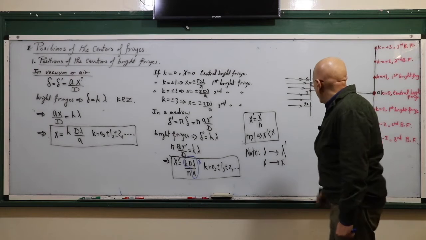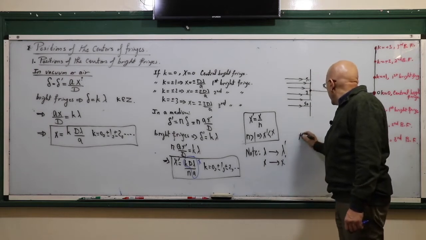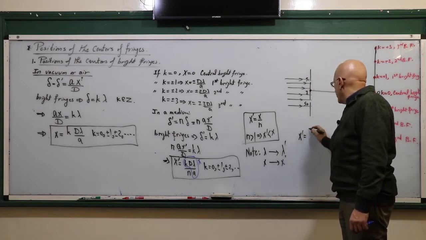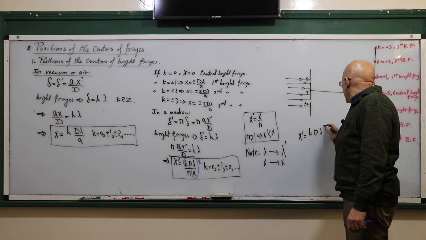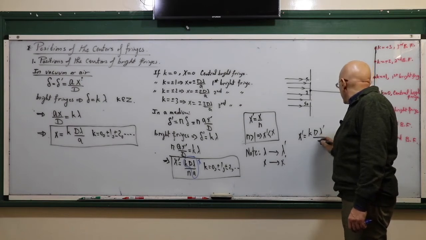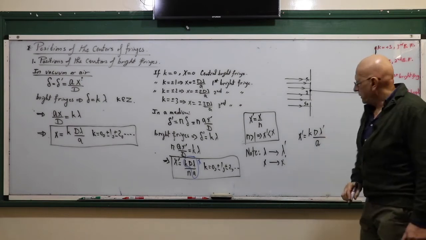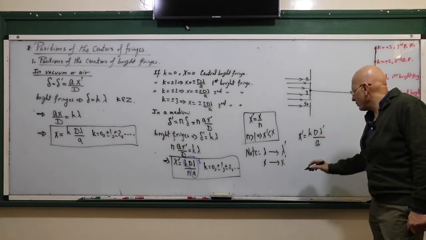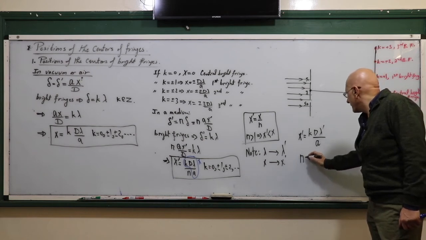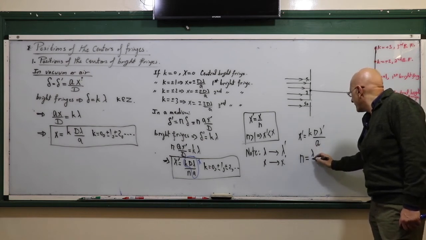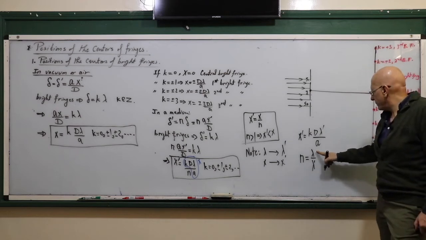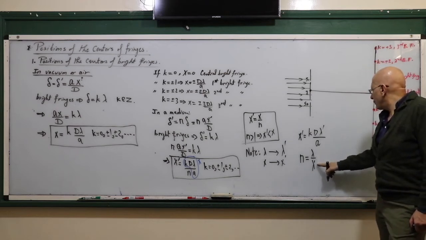The formula becomes X prime equals K D lambda prime over A. But as we studied previously, lambda in vacuum over lambda prime in the medium equals n.